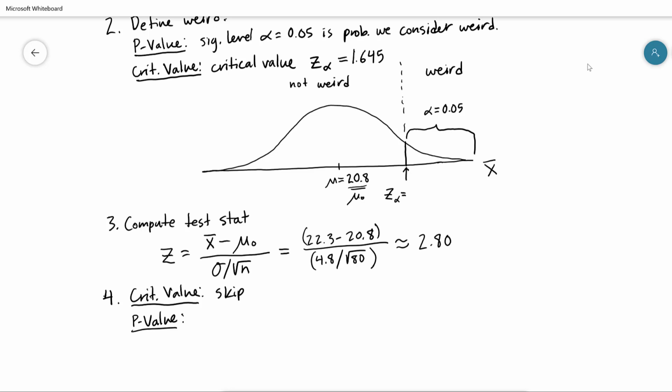So we just found basically right here is where our actual, this worked out to be 1.645. This number right here turned out to be z equals 2.80. And now I'm trying to find the area of that region. That is going to be my p-value. And that's what we want to find now. So what is that area?